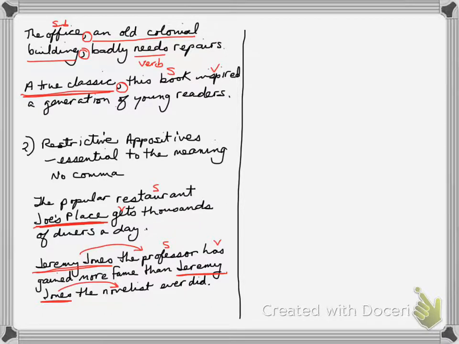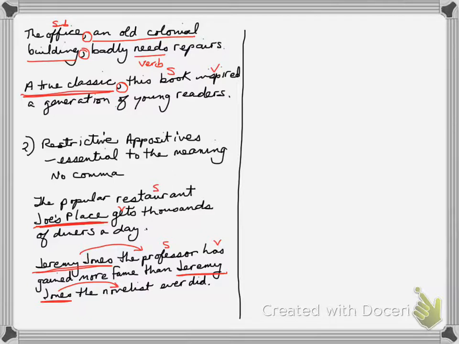Again, what we're pointing out is that if your appositive, a proper noun or a noun phrase that serves to describe, is needed for the meaning, then do not put commas.